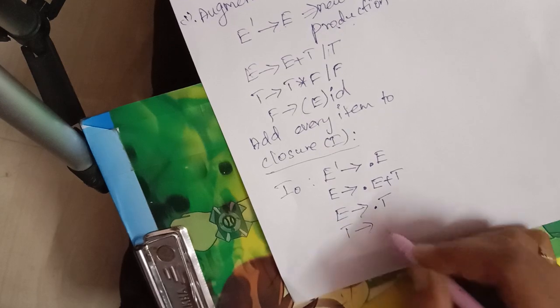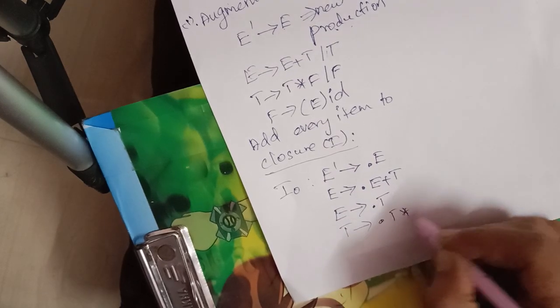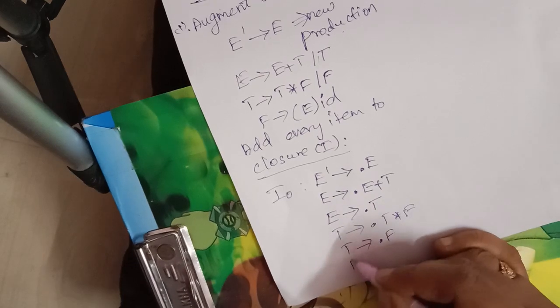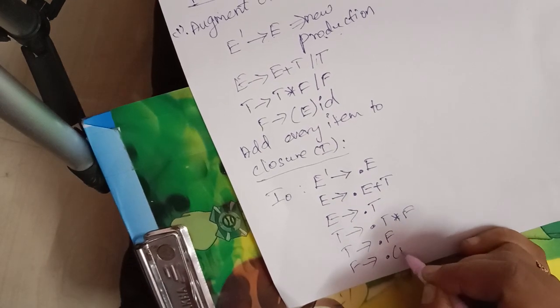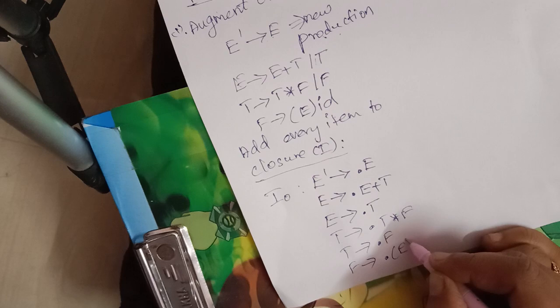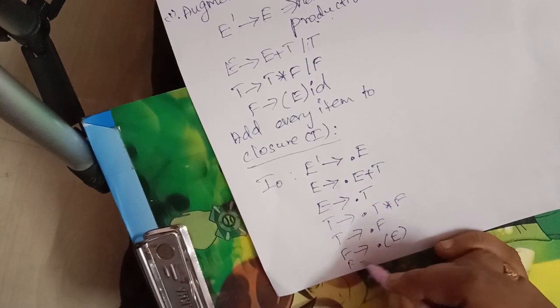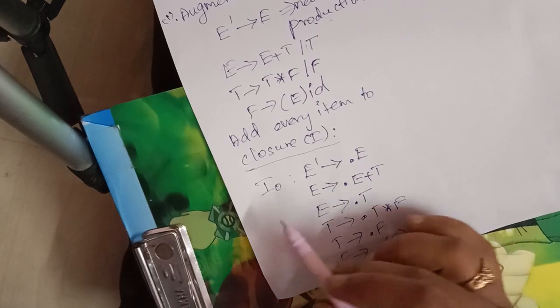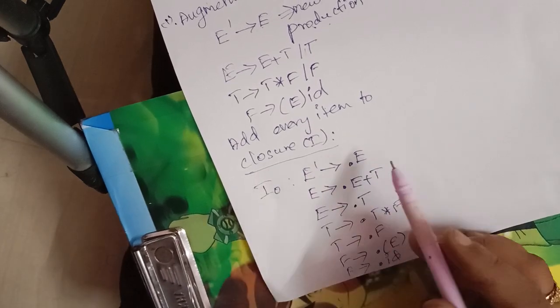So T tends to dot T star F, T tends to dot F, F tends to dot E, and finally F tends to dot ID. So these are the item set I0, the closure set.